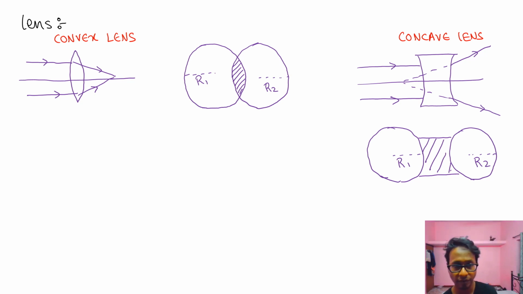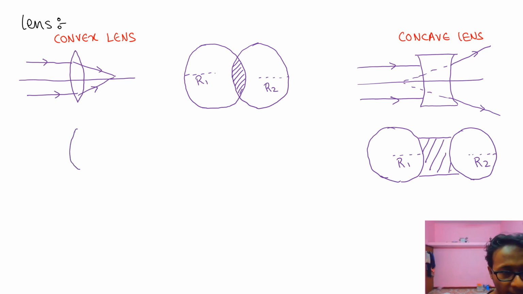One more thing you have to learn out here. A convex lens is not only of one type. There are many types of convex lenses also. Suppose I take a lens like this, joined by a straight wire. These kinds of lenses are also called convex lenses.